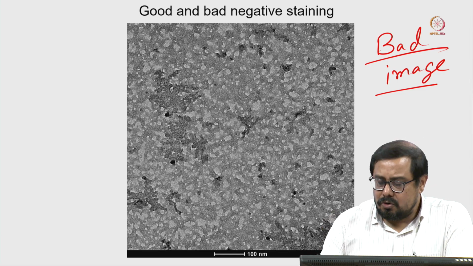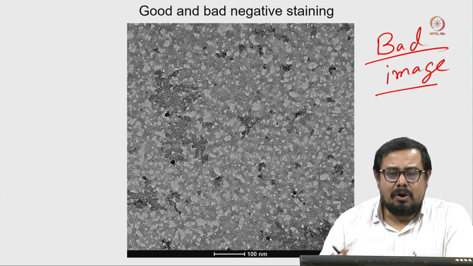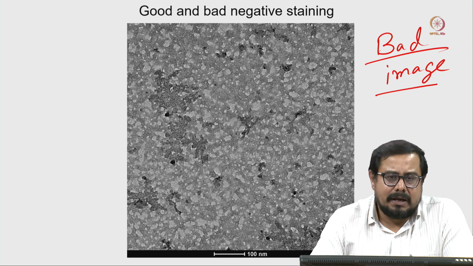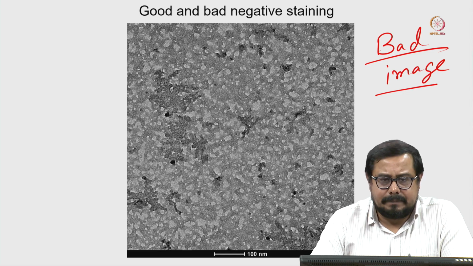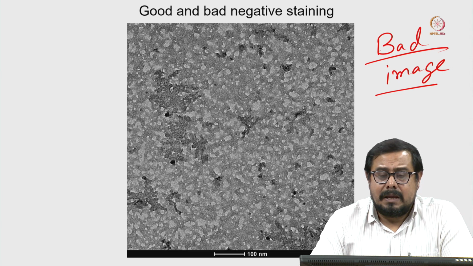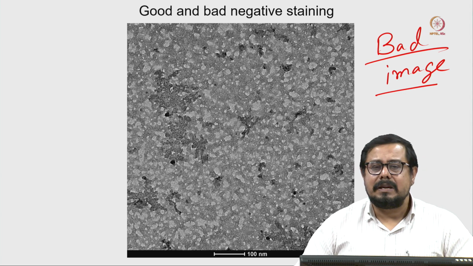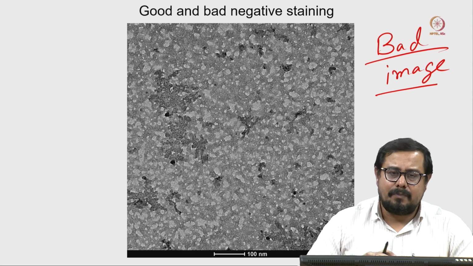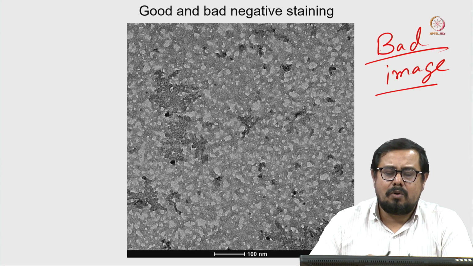Whenever we want to do TEM imaging, we use a negative staining solution. Negative staining solution means uranyl acetate, uranyl formate, ammonium molybdate, and other staining solutions. Sometimes we use different types of heavy metal staining solution also. With those staining solutions, we always expect that the stain should be well distributed and the protein will be well distributed in it.